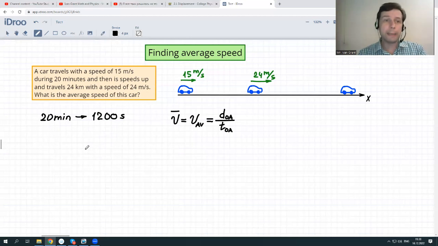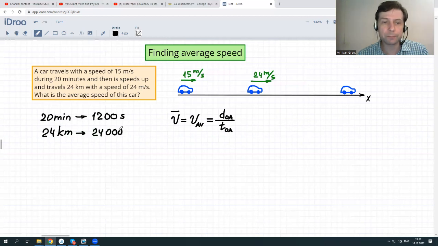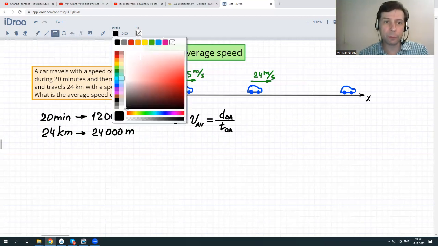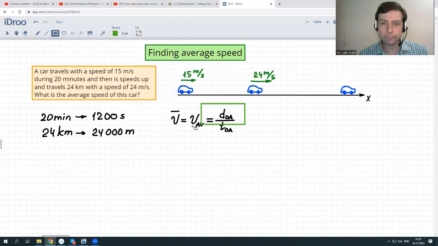And then one more thing is that kilometers is also not the SI system. We have to convert it into meters. Each kilometer has 1000 meters, means 24 kilometers have 24,000 meters.